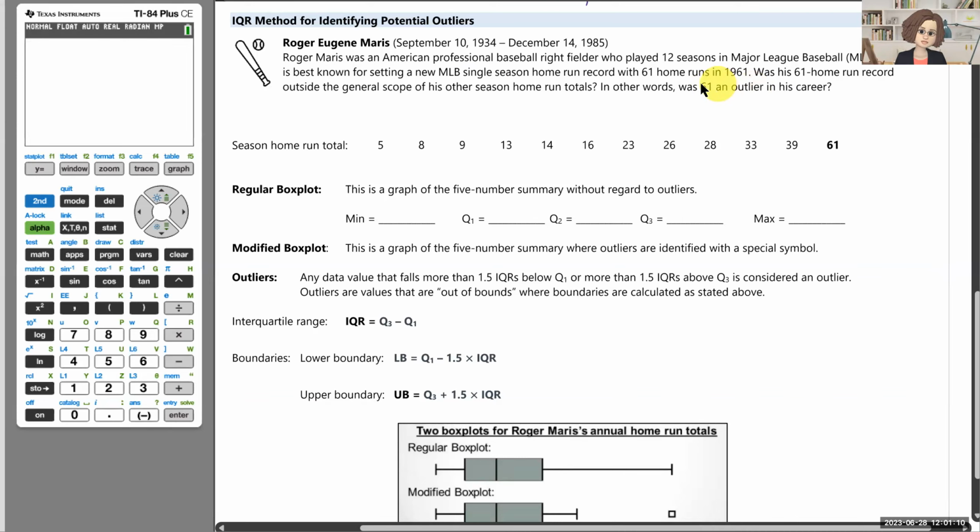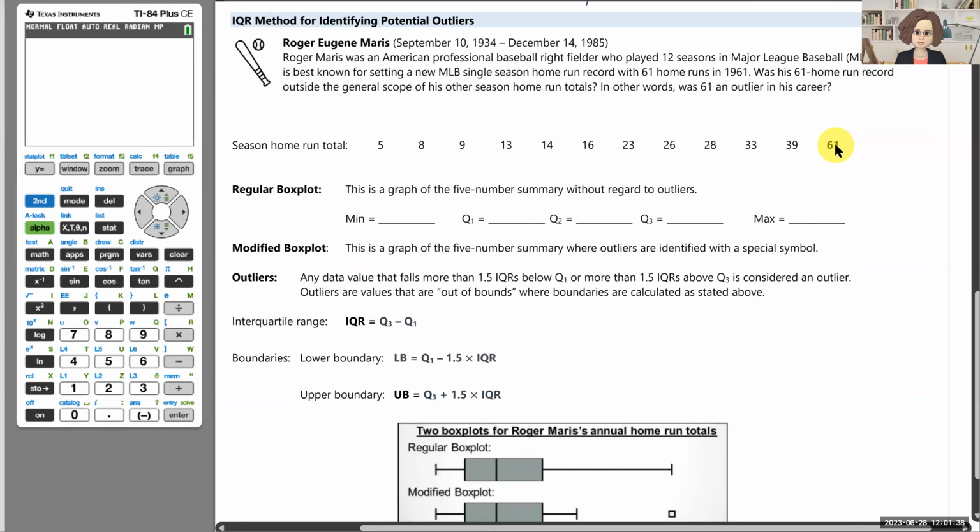An outlier is a number that's quite different from the rest. I've written here his season home run totals for the 12 seasons he played, and I put them in numerical order for us. So here's his record-setting 61, and we're wondering if that is quite different than the other seasons that he played.